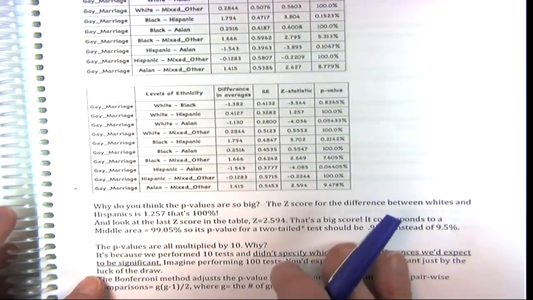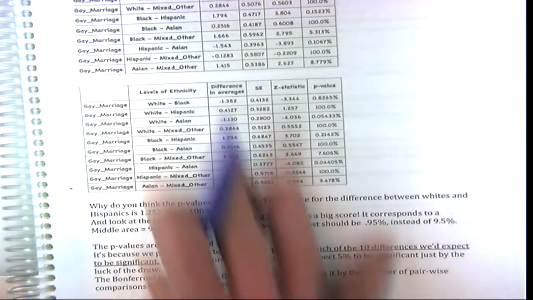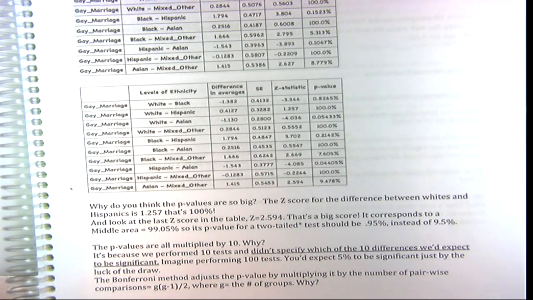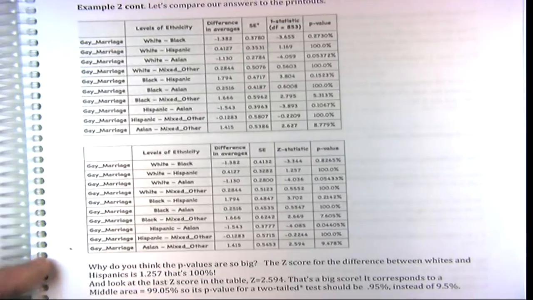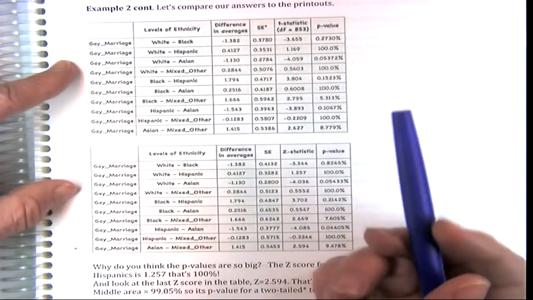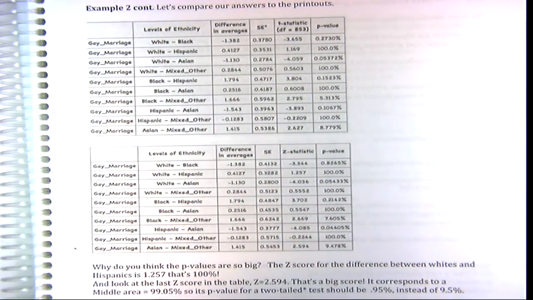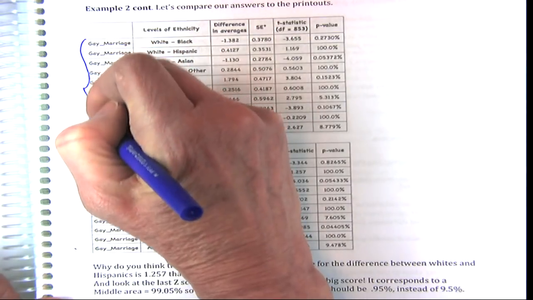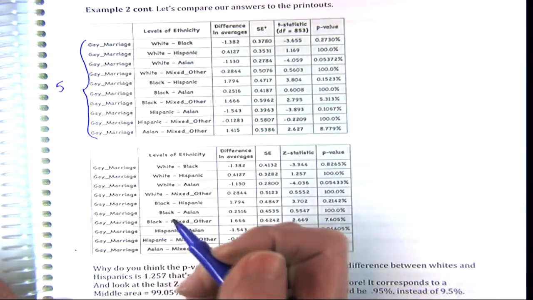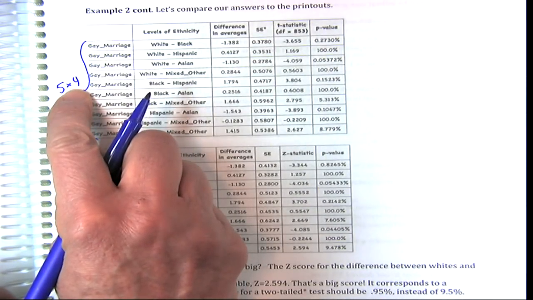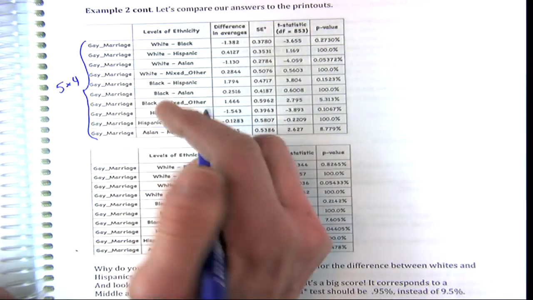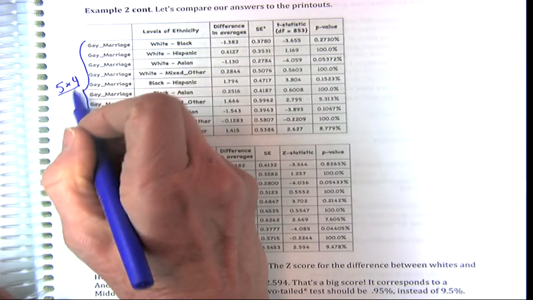Maybe if we go through it here, you'll see more. Let's just fill this out so you'll see what we did here on page 123. We looked at all these differences. There's 5 groups, so we said there's 5 times 4 pairwise differences, right? But we don't care about order, so we divide by 2.